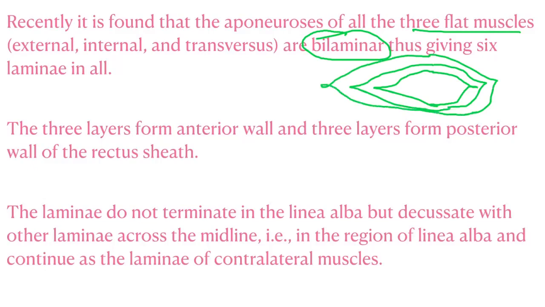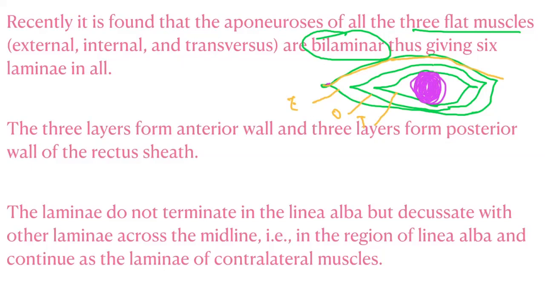See? So this is external oblique, internal oblique, transversus abdominis, right? All of these fuse together to form the rectus sheath, which encloses rectus abdominis muscle, right?